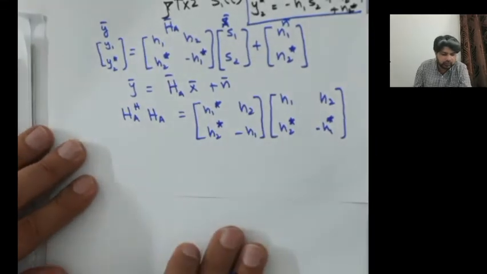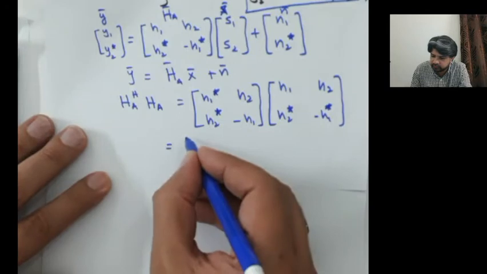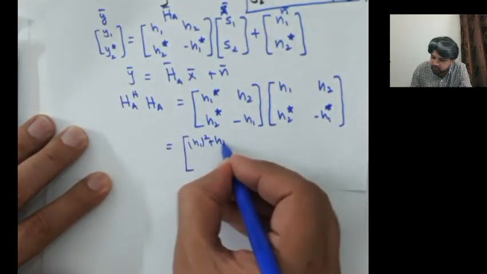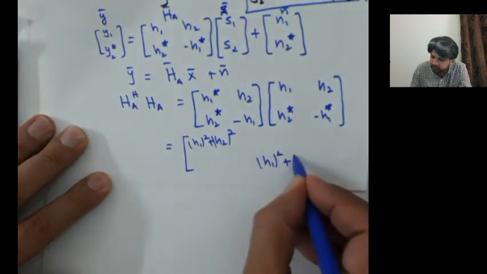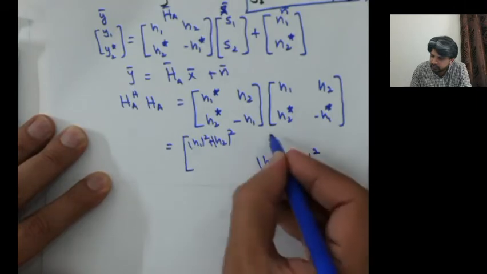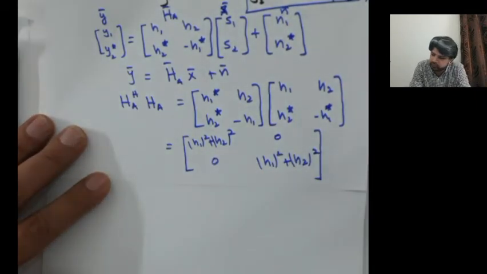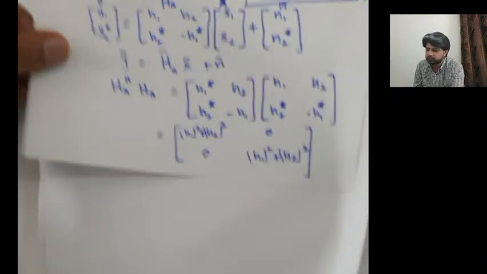If you carry out this multiplication, you would see that what you receive would have H1 mod squared plus H2 mod squared in the diagonals, and in the non-diagonal positions you would have zeros. Okay? So in other words, you would be able to diagonalize your matrix by doing simple signal processing.